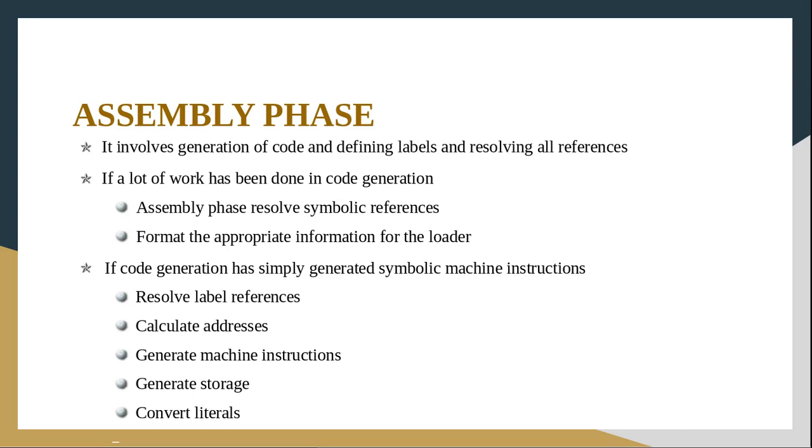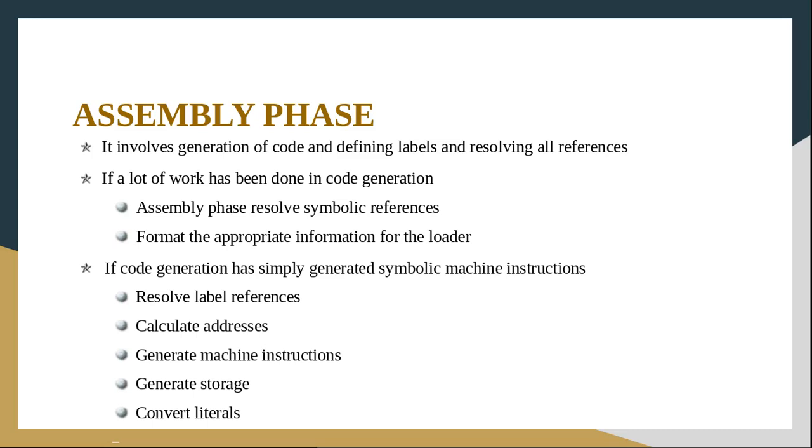So the basic task of the assembly phase is to generate the machine code and resolve the symbolic references. We have two conditions here, based on how much task has been done in code generation. If a lot of work has been done in code generation, then the assembly phase has only two tasks. One is, if we have used any symbols, resolve those symbolic references.